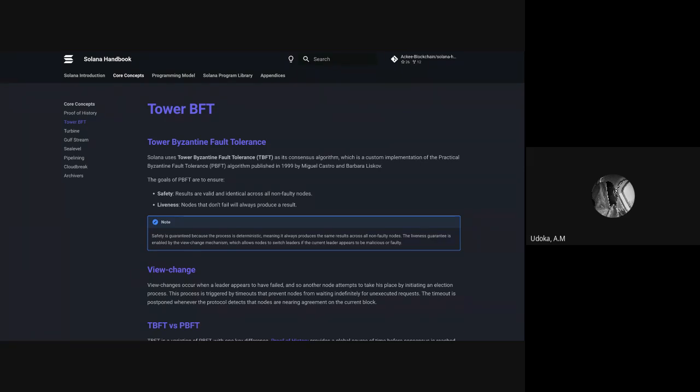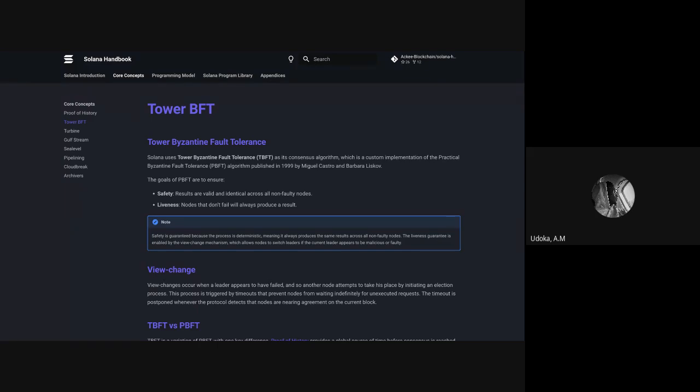We understand at this point what proof of history is. We've understood what the Gulf Stream is, and to an extent we understand what Sealevel is. Now, Tower BFT is a consensus that works on top of the POH, and it ensures that transactions are conducted and finalized in the safest processing possible.